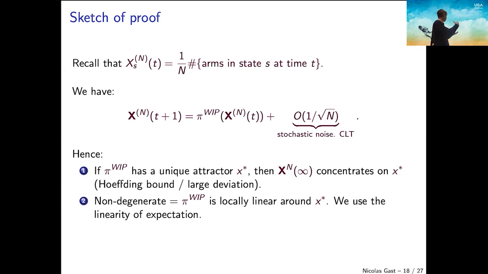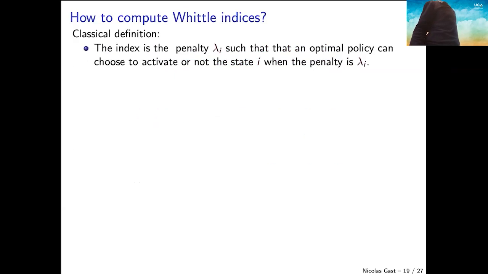The only exponentially small thing left is because pi width is only locally linear around x star, so you want n to be large enough to start close to x star. Okay. Two lines proof. Details are a bit more complicated, but the idea is really there.